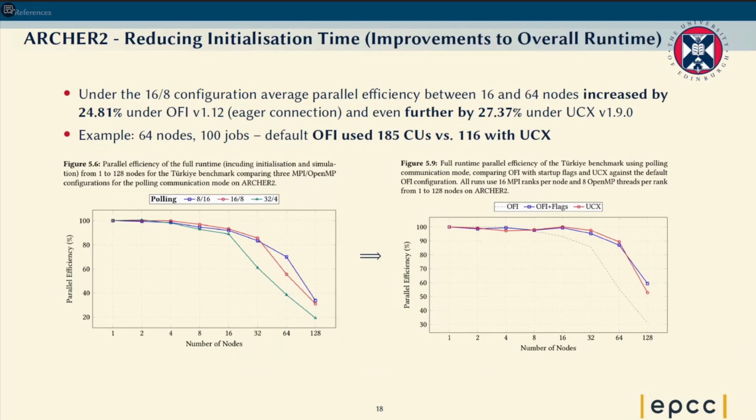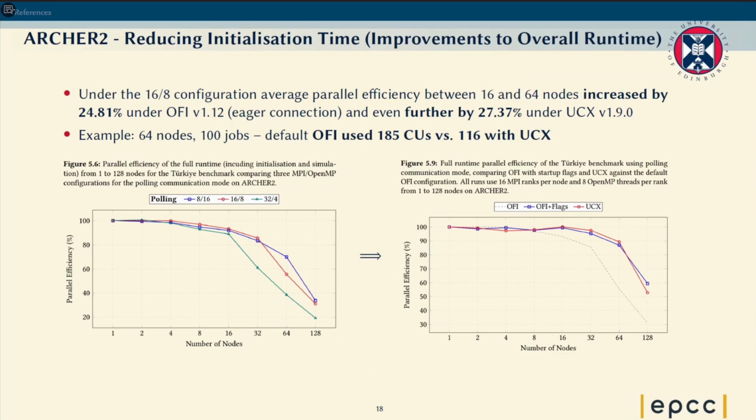So what does that mean in terms of full runtime? This on the left is the original parallel efficiency, and this red line is the tuned one, the grey line here being the original. You can see that through my tuning, I was able to increase the parallel efficiency. What's important to note is that performance is not always the most important thing; sometimes it's efficiency.